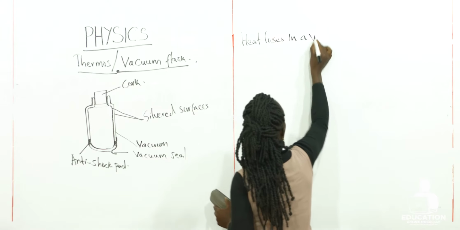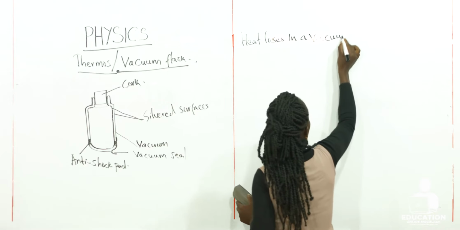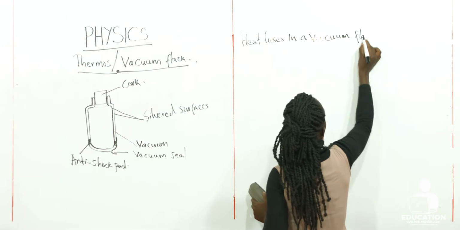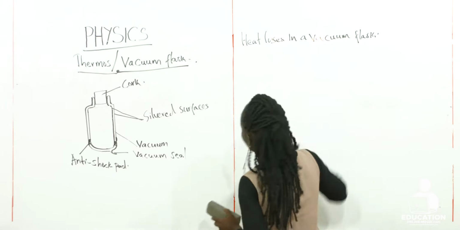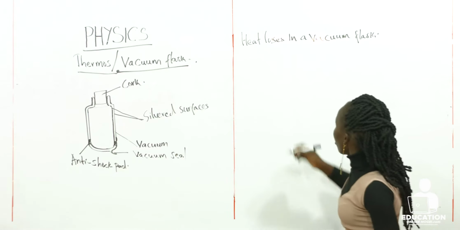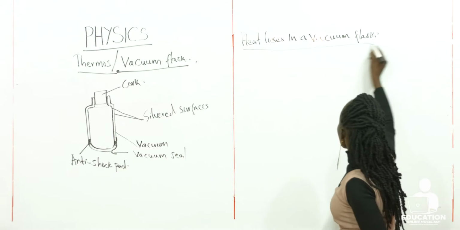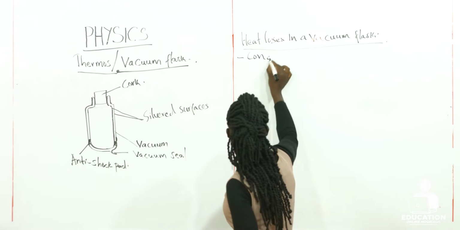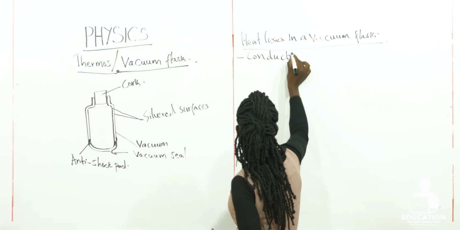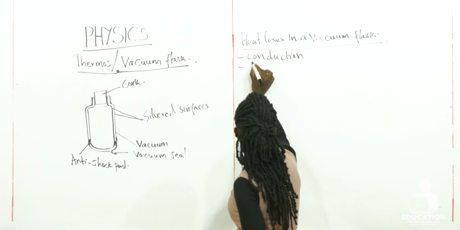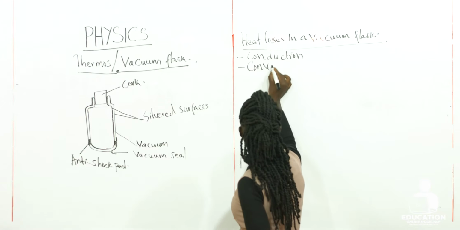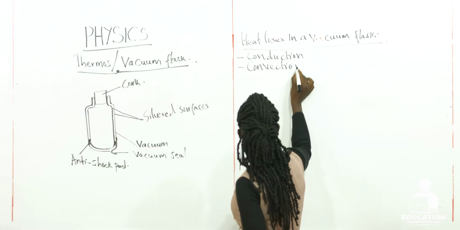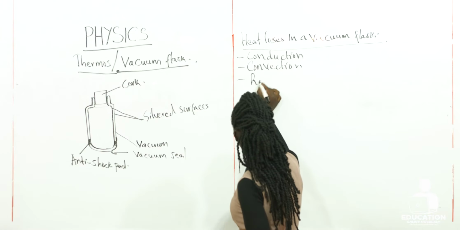In a vacuum flask. So what are these heat losses? The heat losses can be by conduction, by convection, or also by radiation.